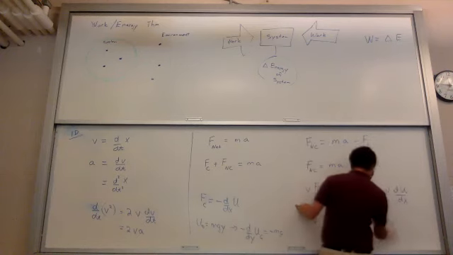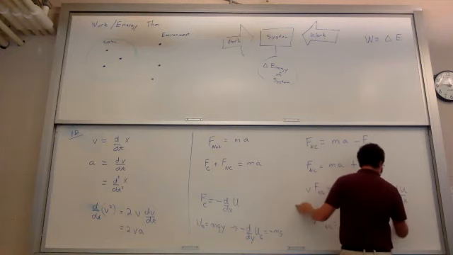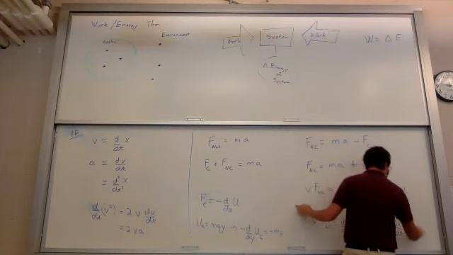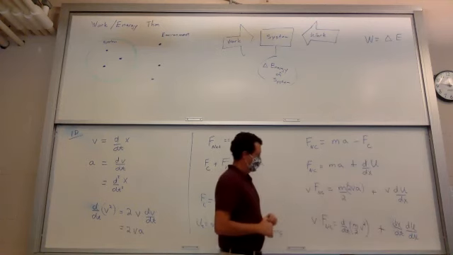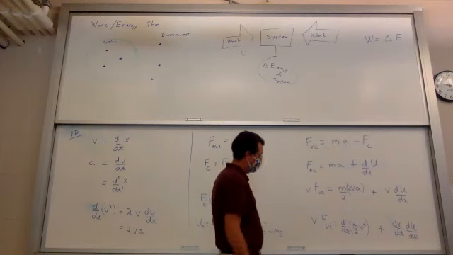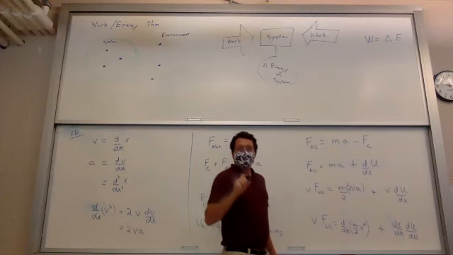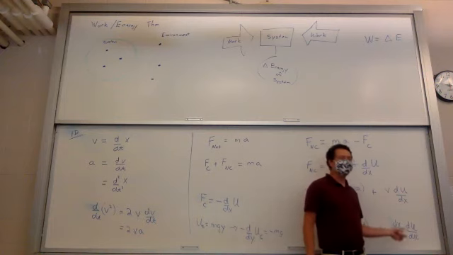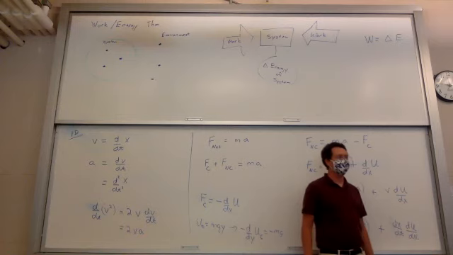dx dt times du dx. Now, okay, what can you do when you have these derivatives, the differentials lining up like that with one variable?